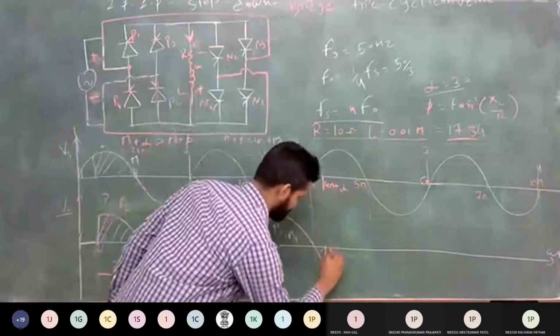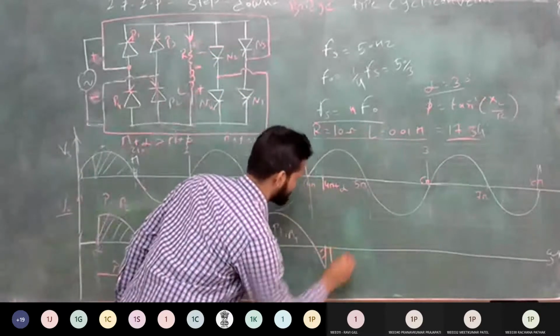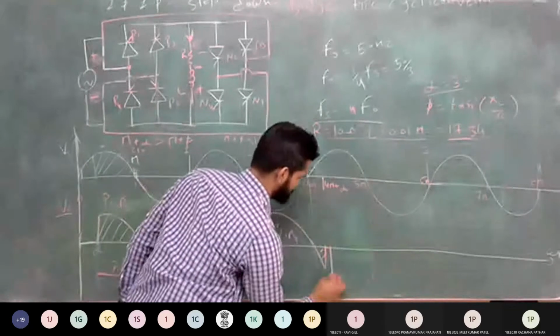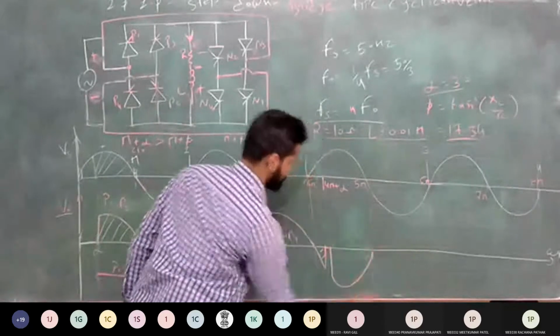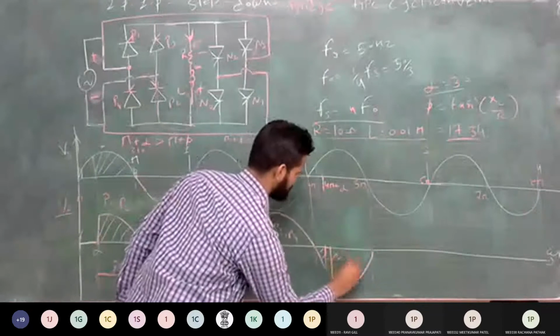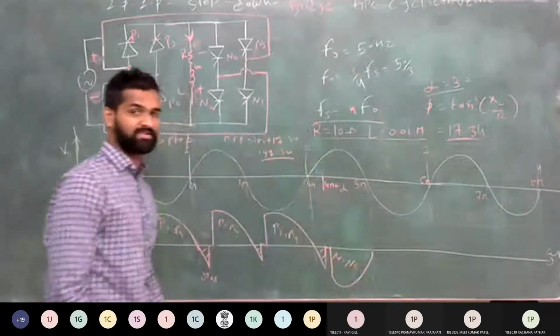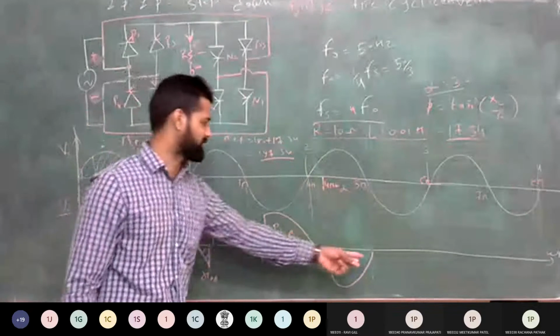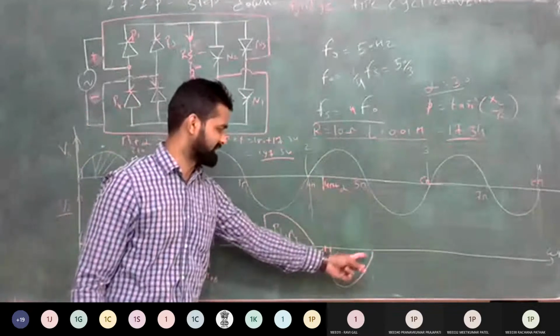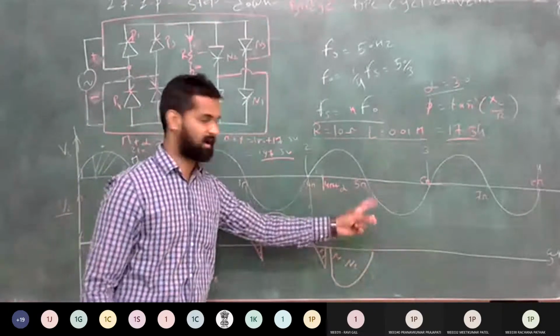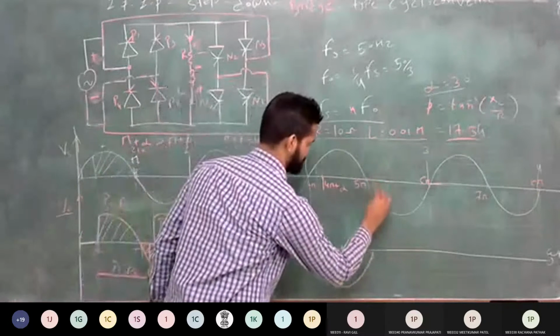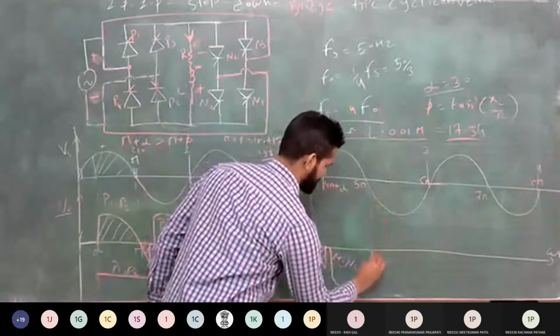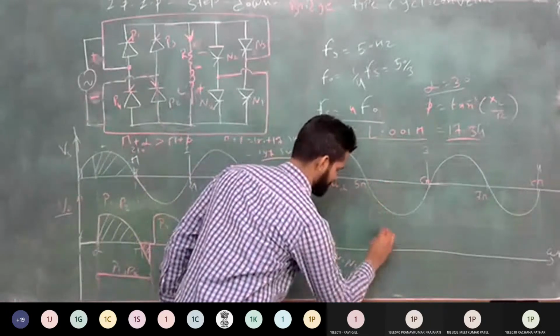So from here you get the negative voltage, with magnitude same as the supply, due to conduction of N1 and N2. But again the same condition, the inductive nature of the load, so current cannot become 0 at 5 pi. N1 and N2 are still conducting after 5 pi, up to 5 pi plus phi. So in that case you get your positive voltage.